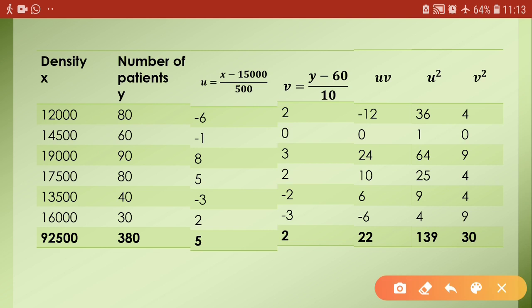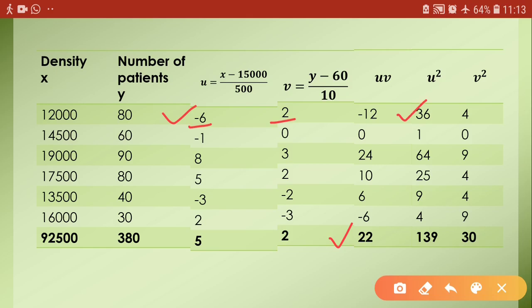We will find uv. uv is basically the multiplication of these two, and you have to consider the sign very seriously. Minus 6 into 2 is minus 12. Minus 1 into 0 is 0. 8 3s are 24. As you solve this, your total of uv is 22. Then u square. How will we find u square? Square of minus 6 is 36.